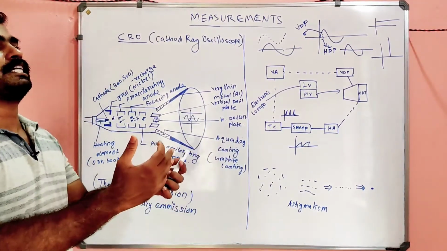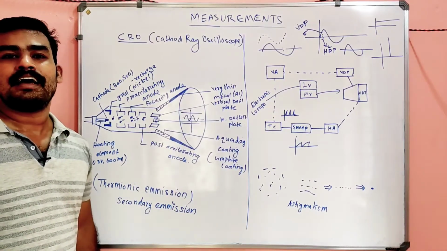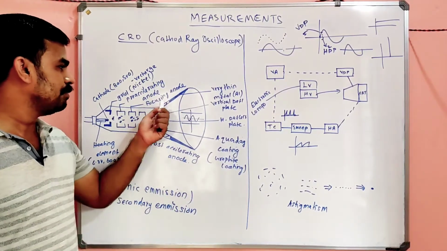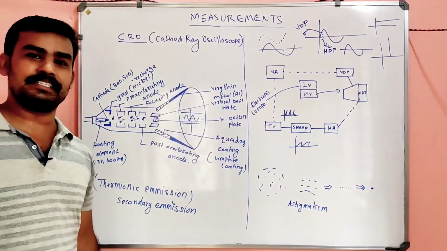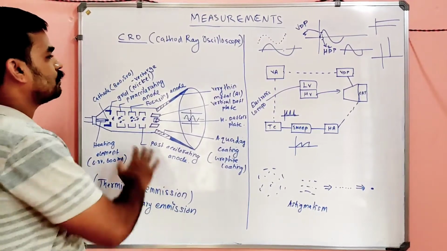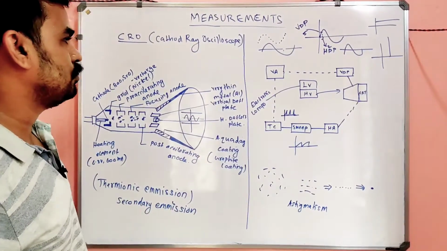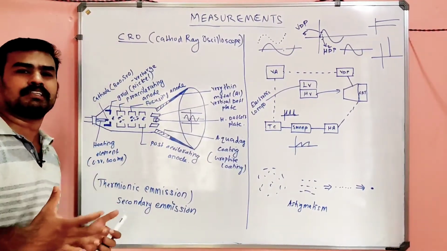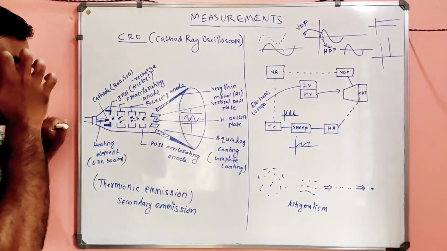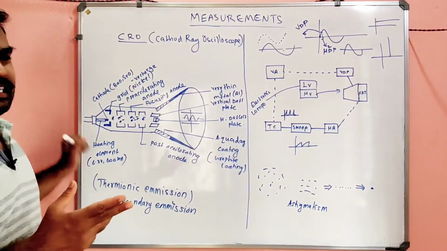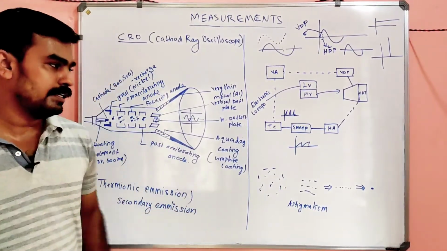It will absorb the extra electrons emitted by this thin aluminium plate. Okay, so these are the questions you may expect from here. Working and all, no one will ask you, so don't focus too much on the working, just have an idea.